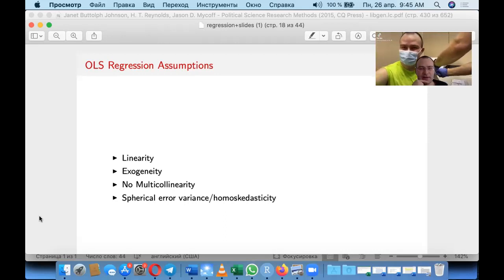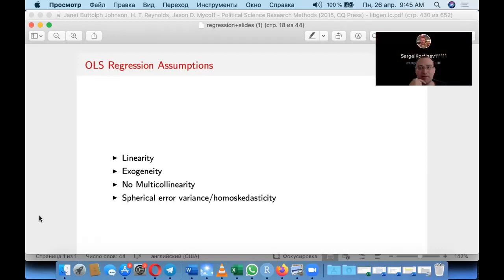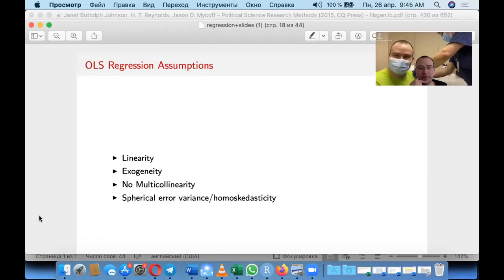Another thing is exogeneity. What it means is that the independent variable affects the dependent variable. It's a fancy word for a very simple concept. Another thing is multi-collinearity. It means that if you have a linear regression with a bunch of independent variables, those independent variables are not correlated among each other.